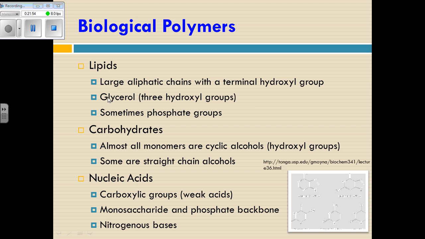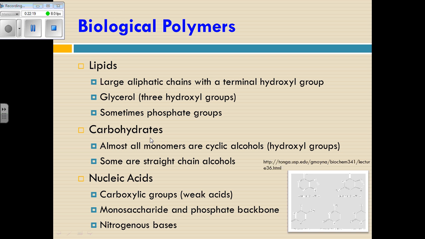Okay. There's also a glycerol, which is just 3 carbons, and each of the 3 carbons has an OH or hydroxyl group on it. And what happens is the hydroxyl groups undergo a dehydration synthesis, so you end up with a glycerol that has 3 large carbon chains attached to it. Sometimes we add phosphate groups, and those are our phospholipids.